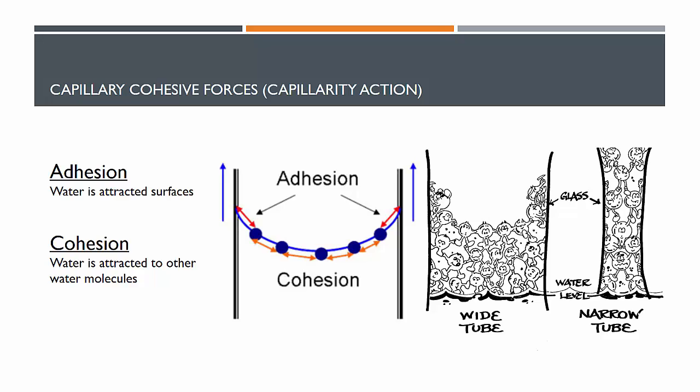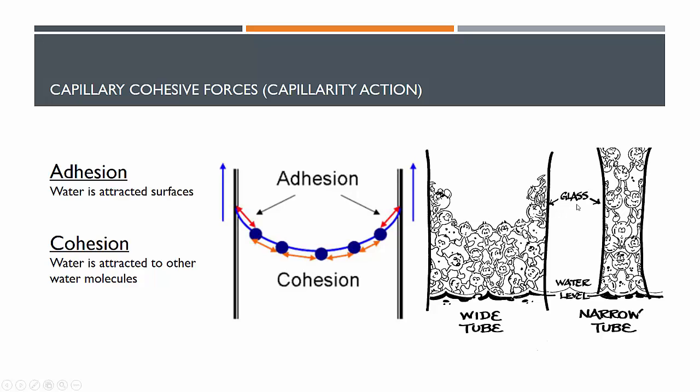And these two features come into play when we put the water into tubes. So water will stick to the edge of the tube, and it will also stick to each other, and so you get what we call a meniscus. And the thinner the tube, the higher the water will go.